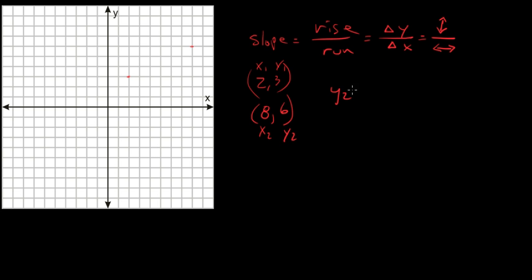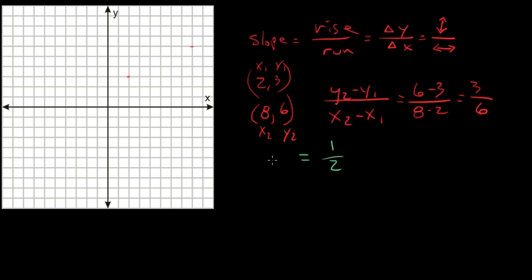So y2 minus y1 gives me the change in y, or how far it moved up or down, and x2 minus x1. So y2 minus y1 is 6 minus 3, and x2 minus x1 is 8 minus 2. 6 minus 3 is 3, 8 minus 2 is 6. If I reduce that, I get 1/2. So the slope of this line, which we call m, is 1/2.